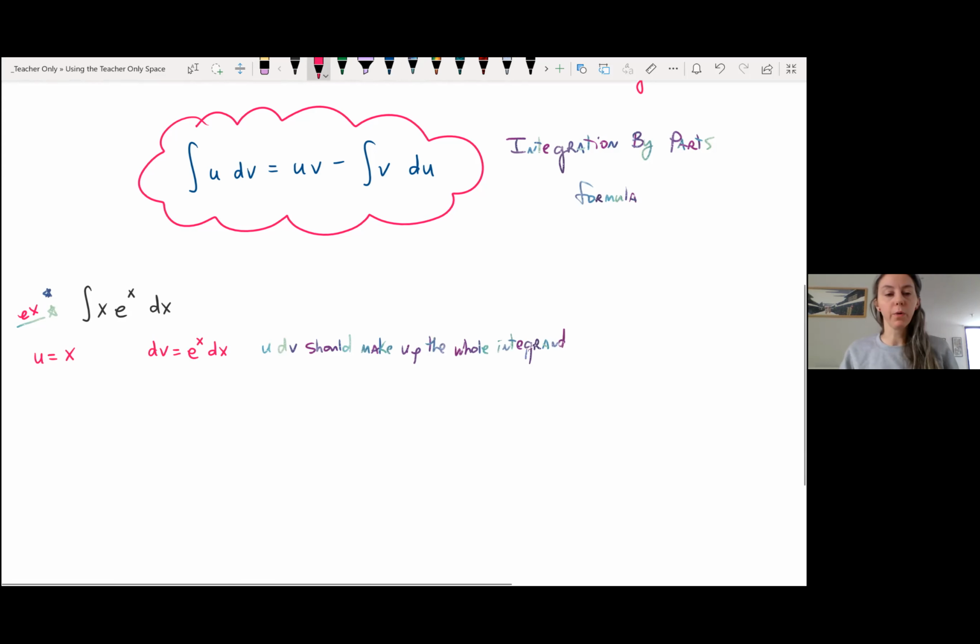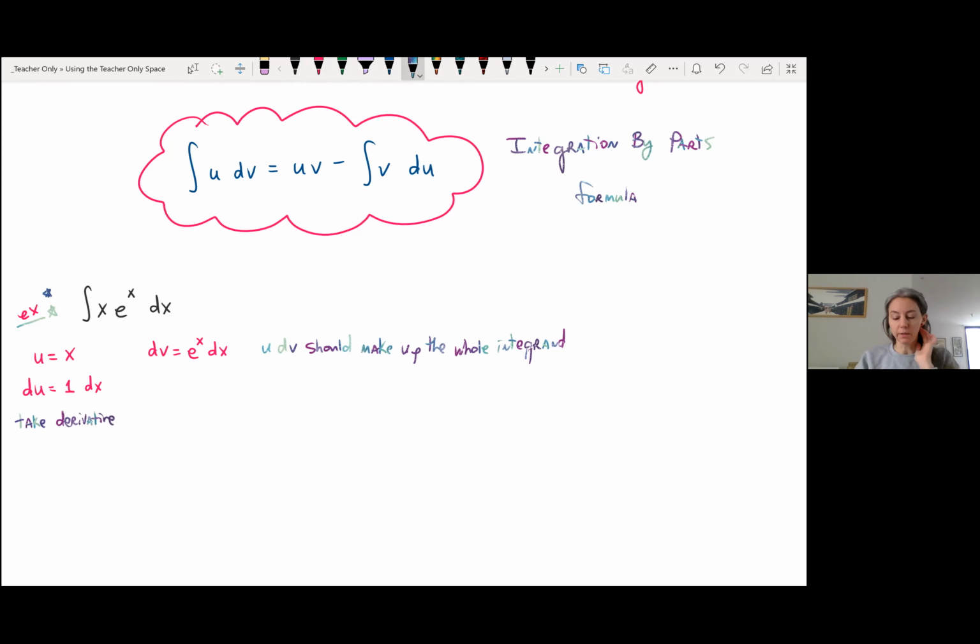Okay, so then if I want to apply the formula, what else do I need in the formula? I need my du. So my du, that's the derivative of u. The derivative of x is just 1. So we're going to have 1 dx there. So here I took the derivative. Then I have dv, but in my formula, I need a v.